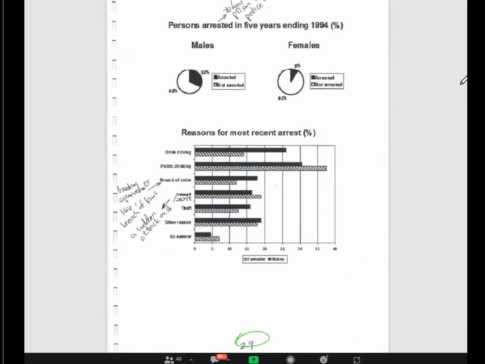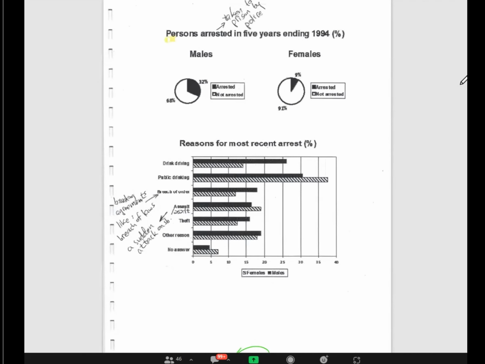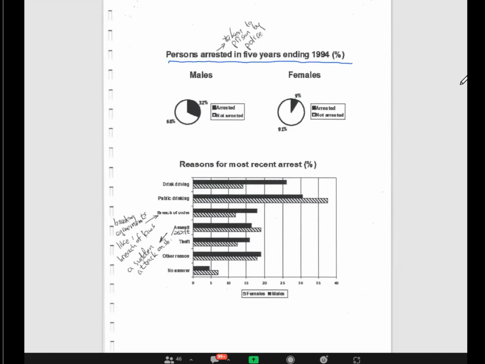Now, this is about persons or people arrested in 5 years ending in 1994. Arrested means taken by the police. The police arrests people.